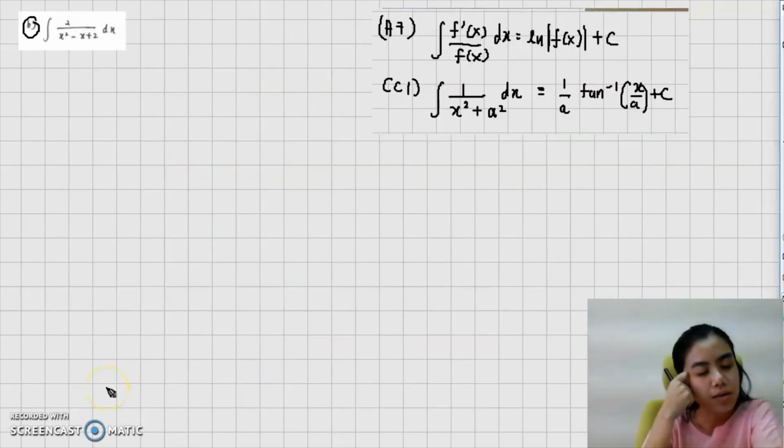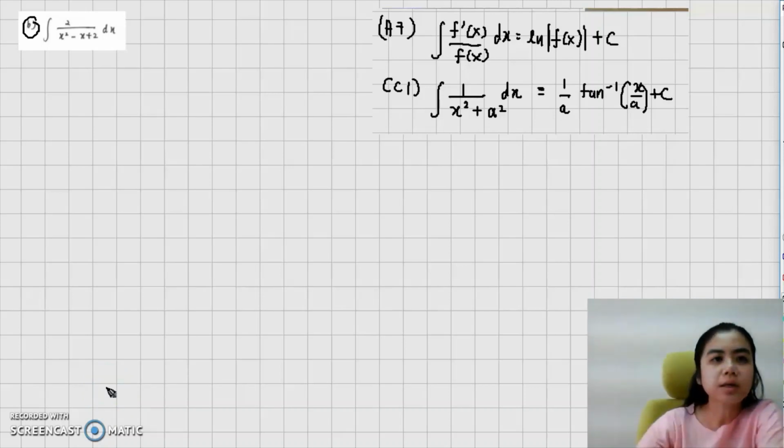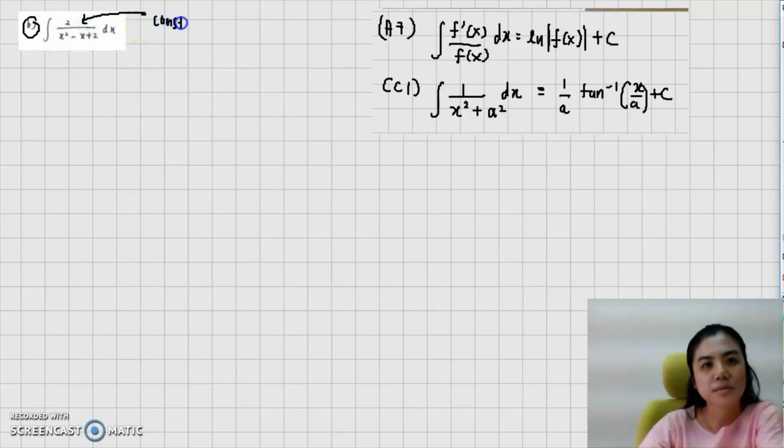Let's look at the example of 7b. In here we have the same case where we have the constant at the top. Whenever you have the constant at the top, what you have to think of is to try to use the formula of C1. Let's compare whatever we have at the bottom with the formula of C1.